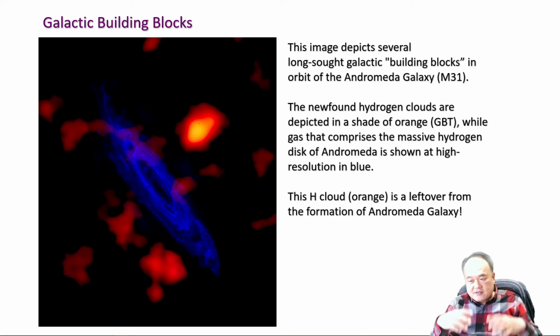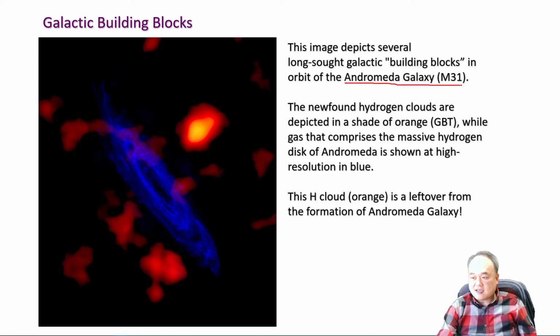There has been some ongoing effort observing around the nearby galaxies to the Milky Way, such as the Andromeda galaxy, M31. When M31 was observed at the 21 centimeter wavelength, a nice spiral structure was seen, shown in this blue hue.